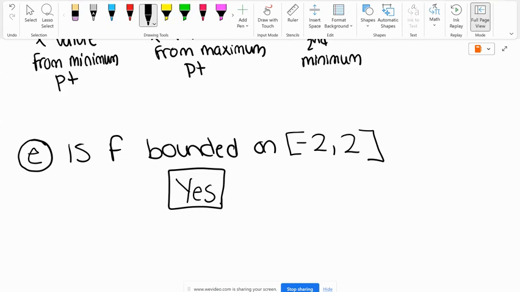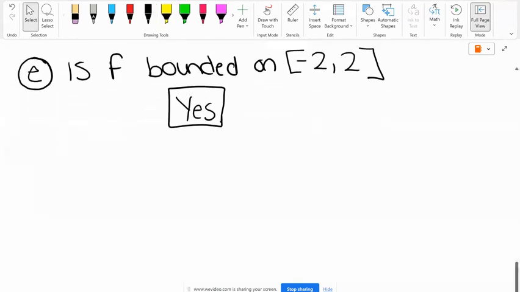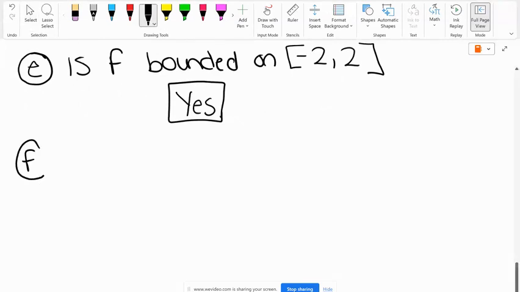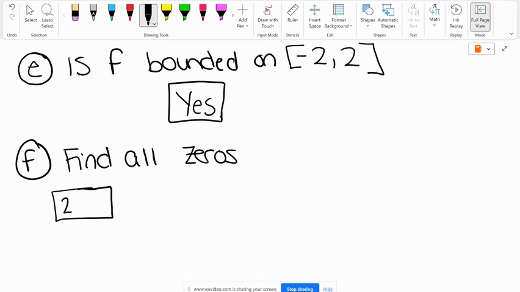All right. And the last part. Find all zeros. There's buttons for that too. So now I want us to find all zeros. What you're going to press is the second trace.